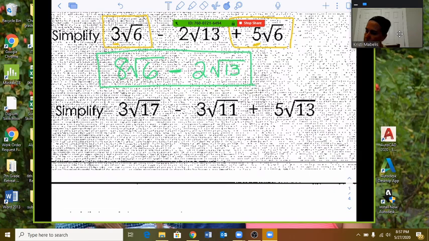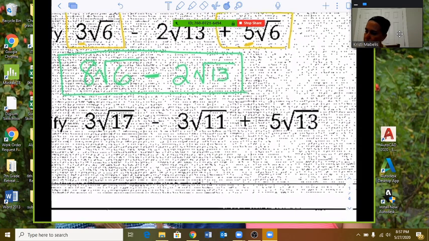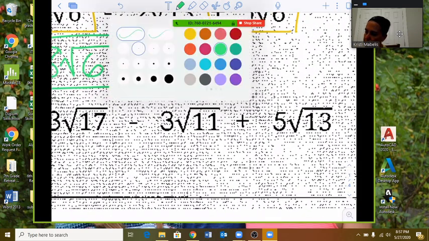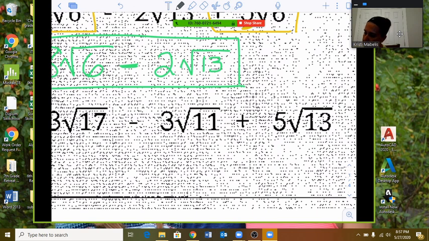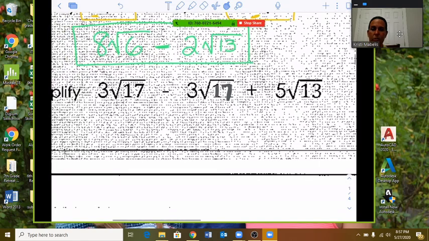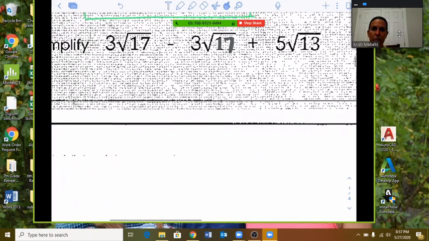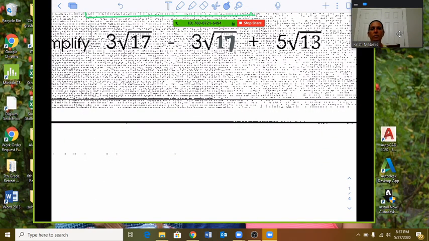Okay, next one, I need you to just fix for me if you printed out this sheet. I have one quick typo. You're going to make this 11 actually a 17 there. Okay, so that should be a 7. Sorry about that. Okay, so let's take a look. This is what it should be, and I don't have a typo. 3 radical 17 minus 3 radical 17 plus 5 radical 13.